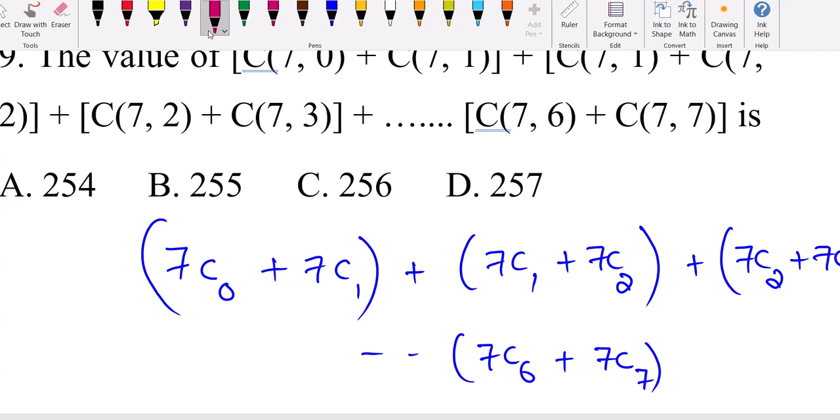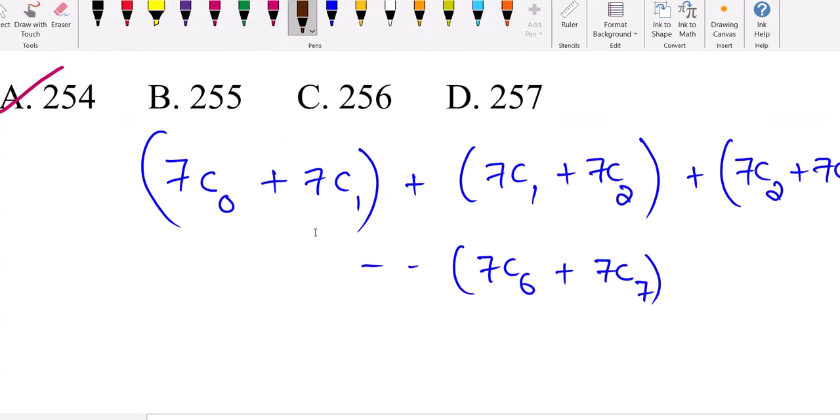How to handle this question? Answer 254. Okay, see this. One way of solving is, we discussed already how to calculate 7C0, 7C1 values, all those. If you just recall, we discussed how to calculate nC0, nC1, nC2 values and all.